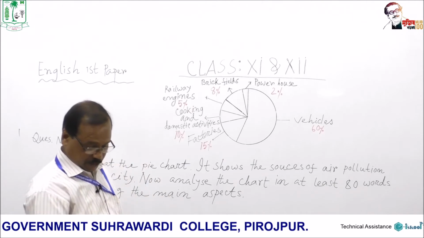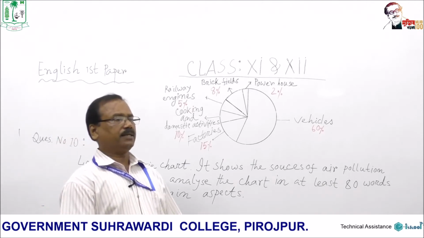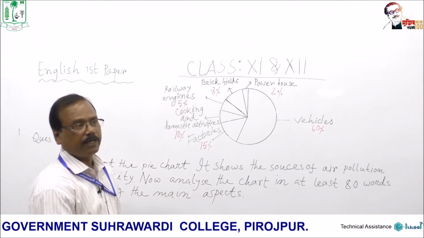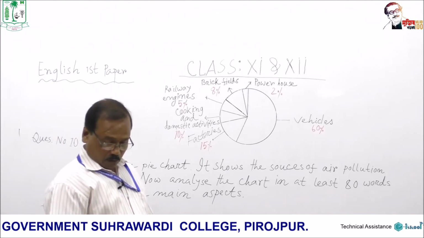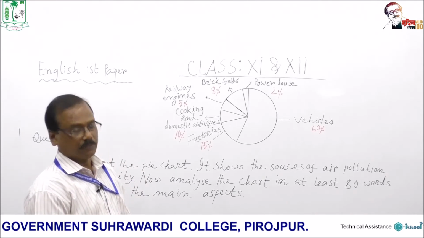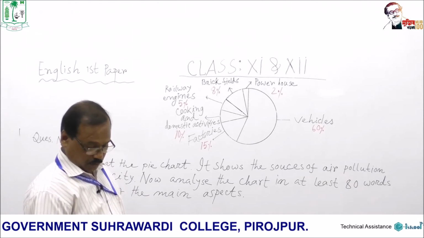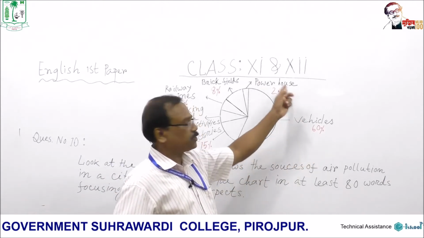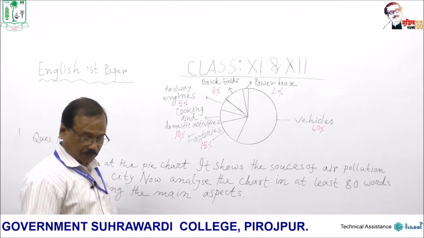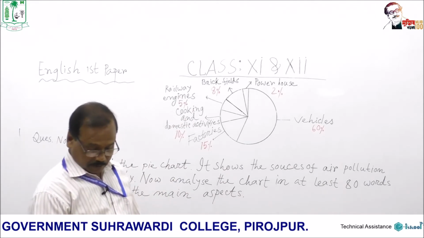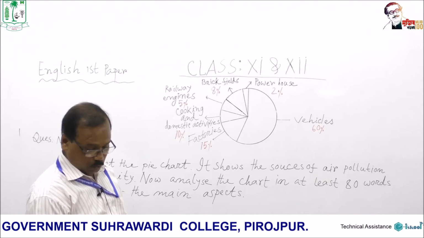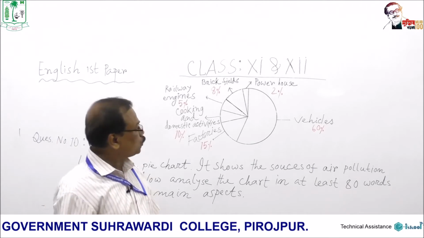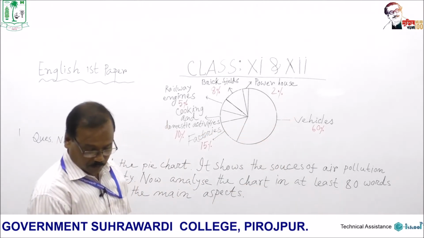This is an analysis. On the other hand, on the contrary, that is পক্ষান্তরে, অপর পক্ষে. On the other hand, the lowest is powerhouse, the highest is vehicle, and the lowest is powerhouse, amounting to 2% only.